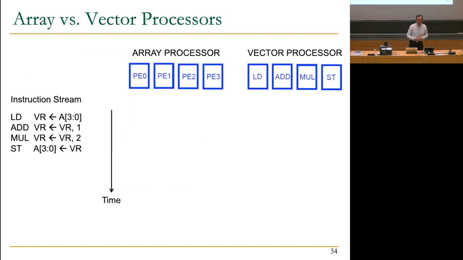And this is our simple vector program to illustrate the difference between an array processor and a vector processor to begin with. So this is our instruction stream. It's something very simple, basically. It's a 4 element array, A. You first load it from memory into a vector register. I didn't name the vector register, just one vector register, whatever, because that's the only thing we're going to use actually. And then we add 1 to each element. This is a vector add.